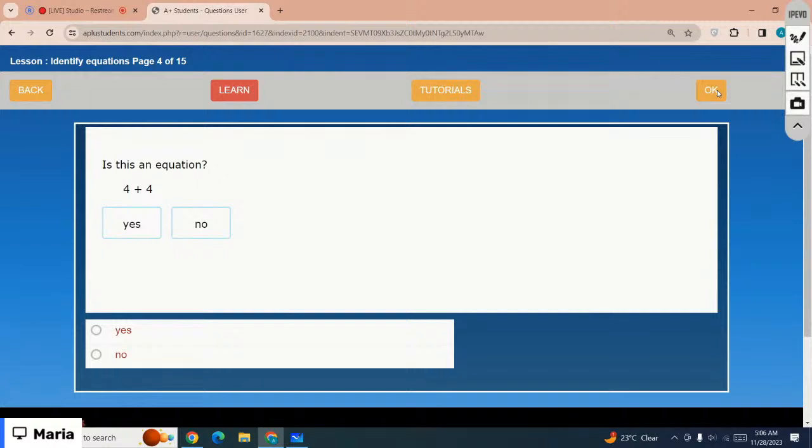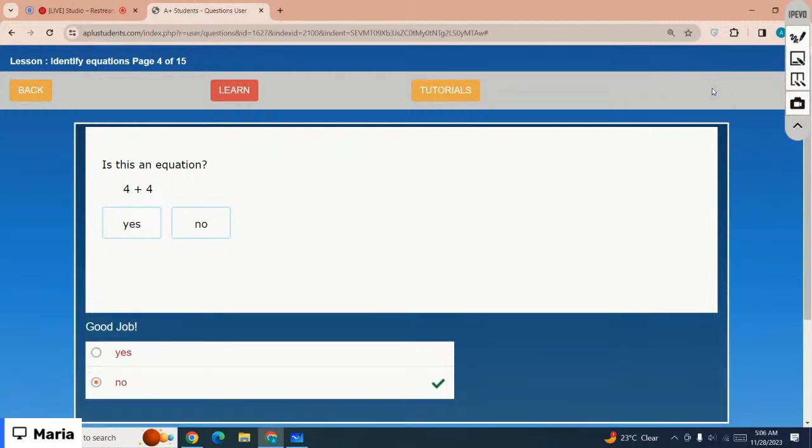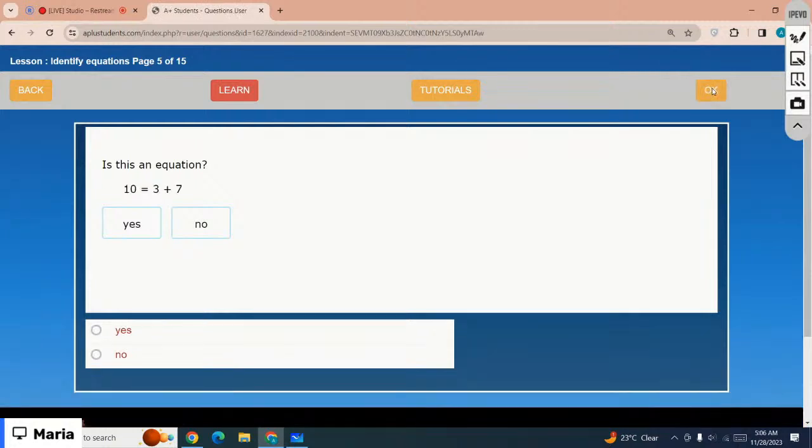The correct option is no, this is not an equation. Is this an equation, 10 equals 3 plus 7? Yes, it is an equation. The correct option is yes.